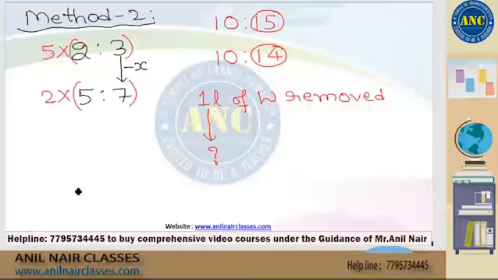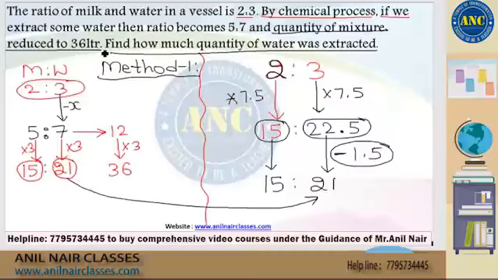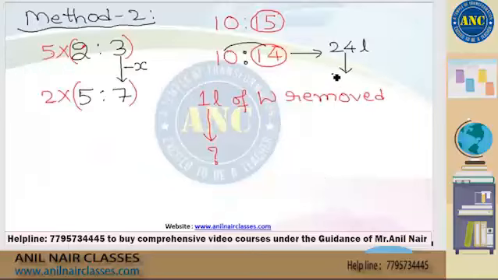Can I also say that the final value according to the ratio is 10 plus 14, it is 24 liters of mixture, but the question says it is not 24. It is given in the question that the quantity of mixture reduced to 36 liters. 24 is becoming 36.